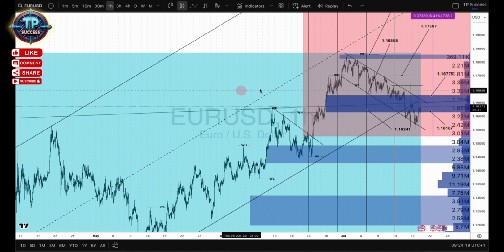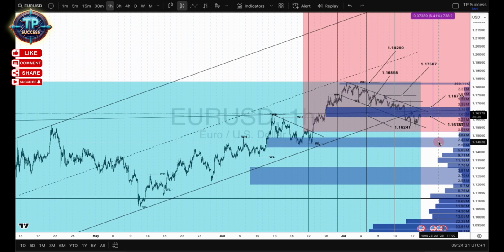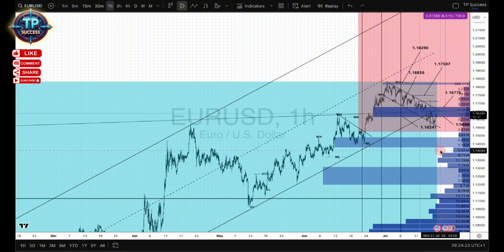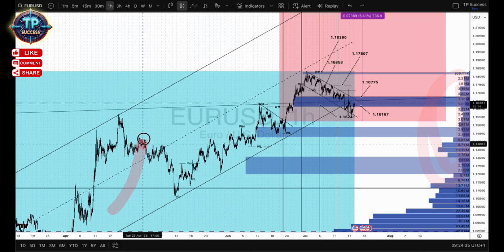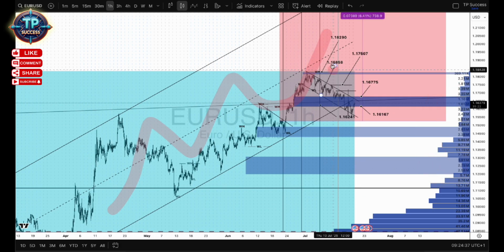Another thing you want to be mindful of is that price is currently sitting above the high value area. So price right now is in the low value area. This is it right here. And the structure that it's in is giving off the vibe that it is going to begin to break down.